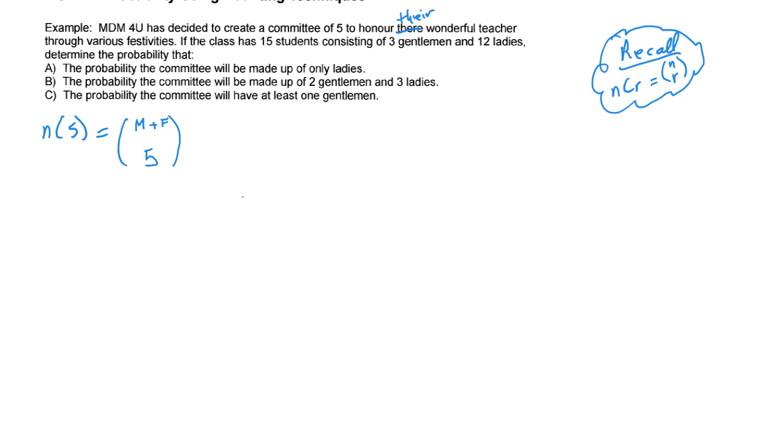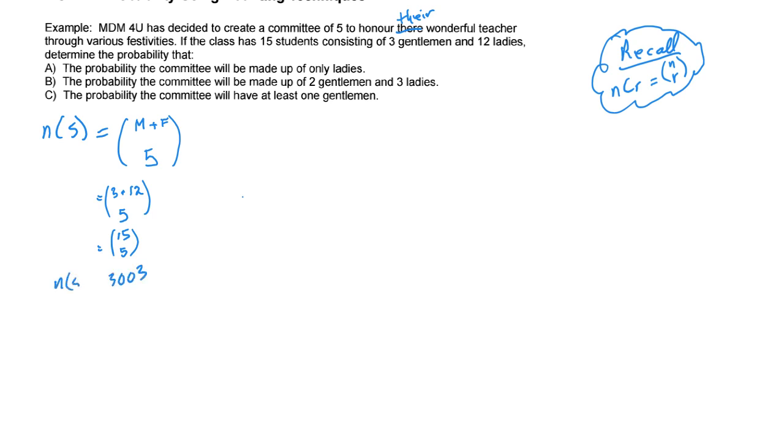So the number of males and females is 12 and 3. Choose 5 because it's the number of ways, right? So now we have 15 choose 5, which gives us this answer here, 3003.